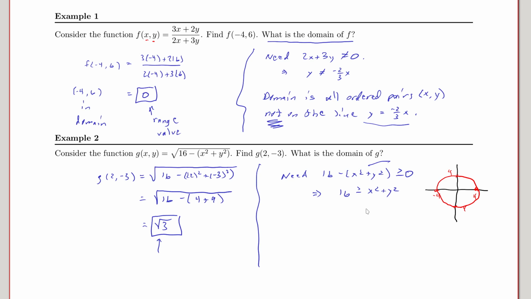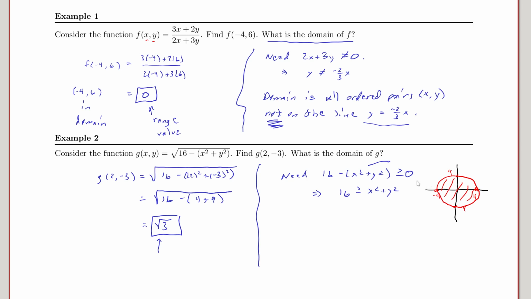So this says x squared plus y squared is less than or equal to 16. That would be everything inside. So in your xy plane, this is the domain. So points from here will be projected up or down to that surface. Actually, it'll be projected up.